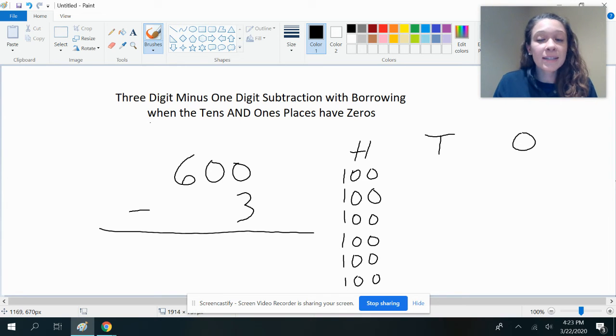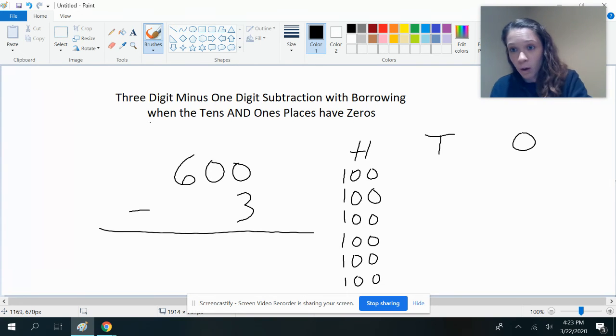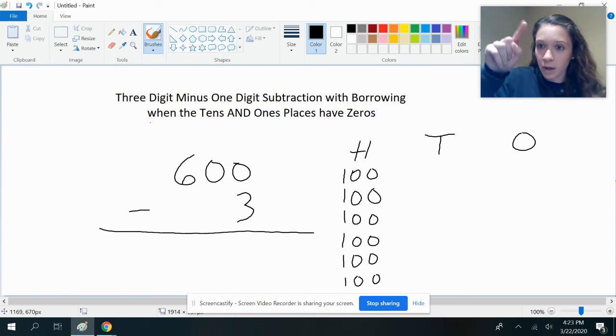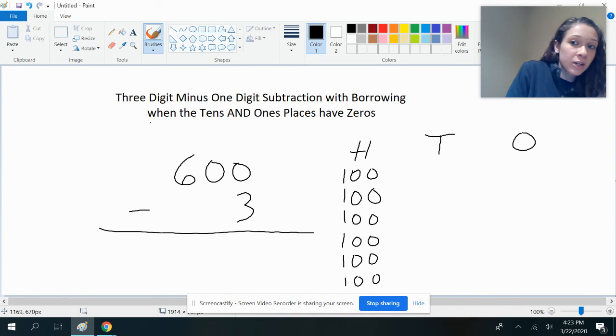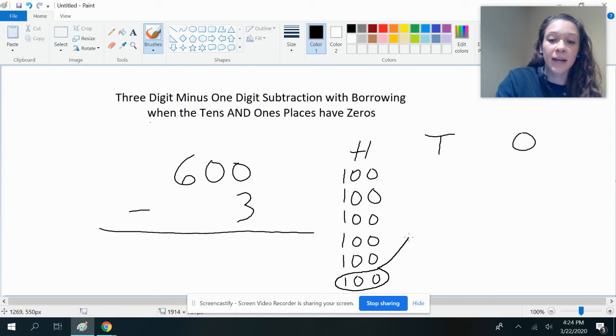Remember, our goal is to have numbers in our ones place, but we can't just take from the hundreds and bring it right to the ones, because then we'd be drawing 100 ones, which would be a lot of ones, and we don't need to work with all that. It would just get too confusing. So we can take from the hundreds, bring it to the tens first. So I'm going to circle 100, show my arrow that it's going to the tens.